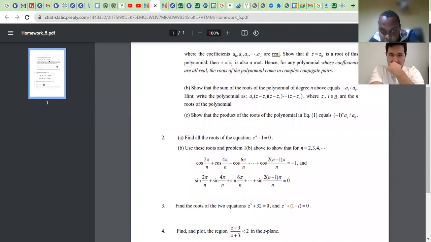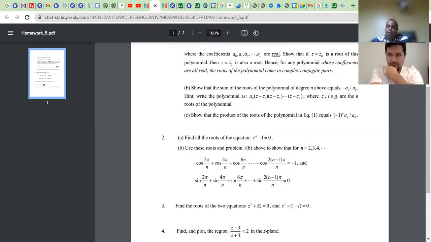So find the roots of the two equations. This is z^5 plus 32. So z to the power of 5 equals -32.